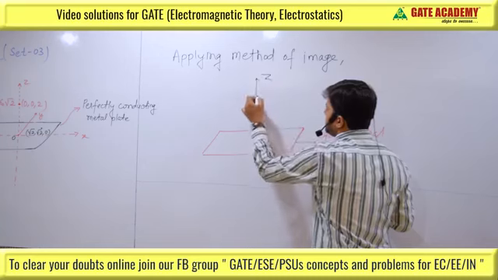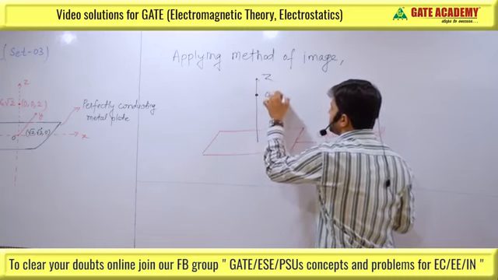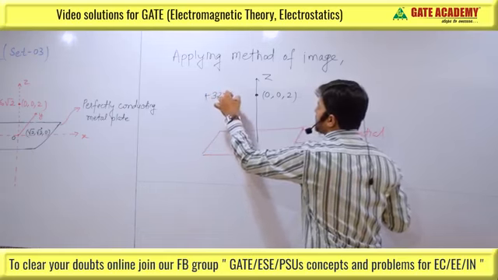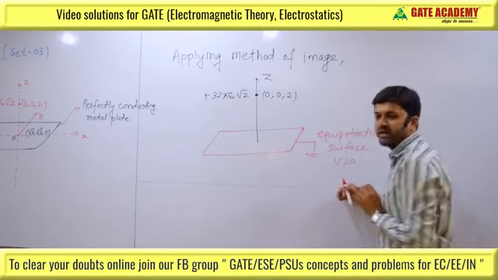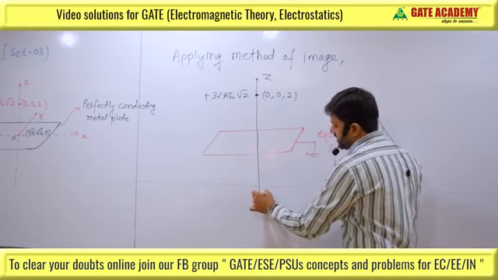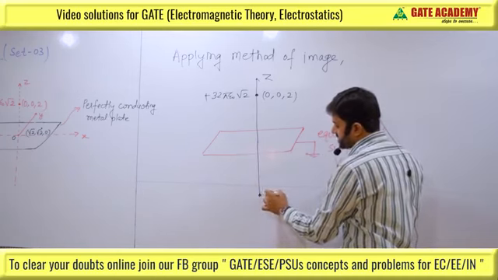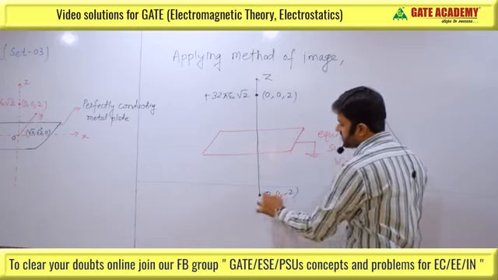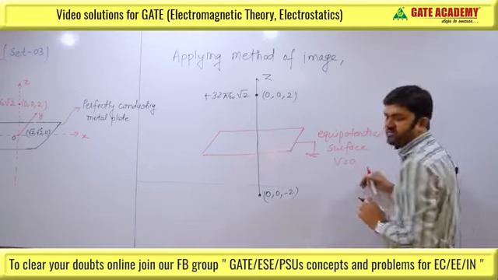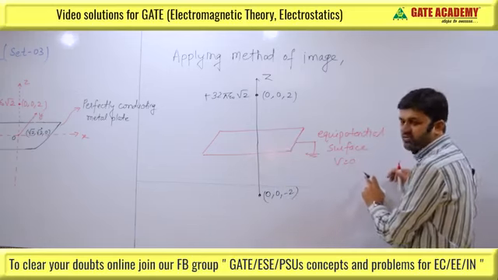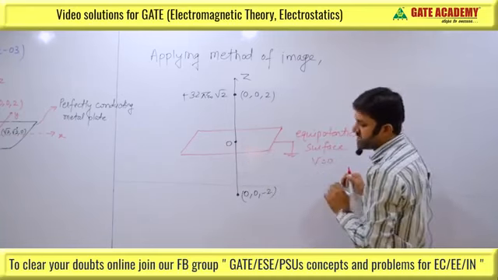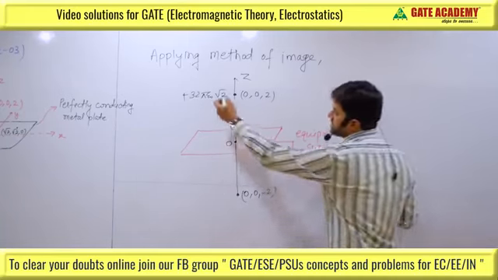This is Z, and at (0, 0, 2) there is a charge of plus 32 pi epsilon naught root 2 magnitude, so we place a charge at (0, 0, minus 2), at equal distance from the equipotential surface with respect to the origin, but with opposite polarity.